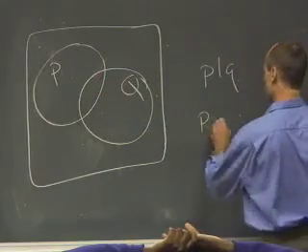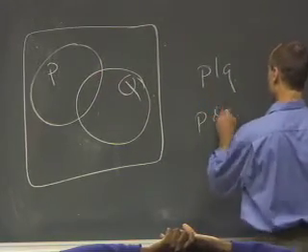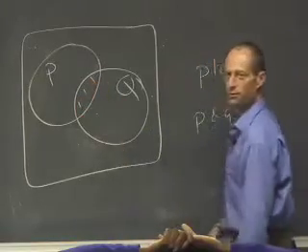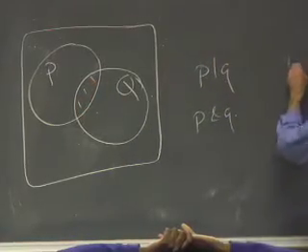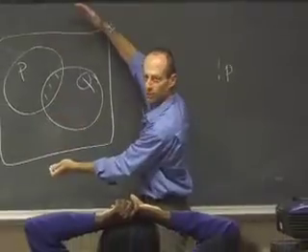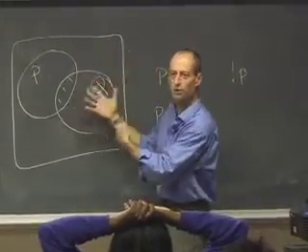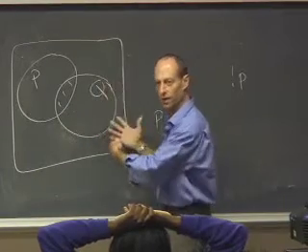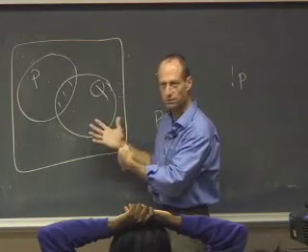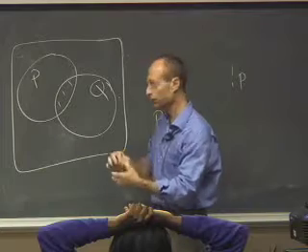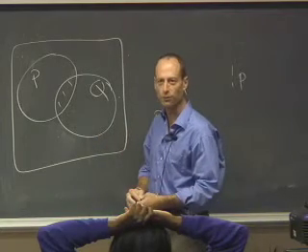P and Q is represented by the intersection. Not P is represented by the complement of P. So there's a really close connection between set theory and propositional logic. And ultimately, all this stuff is going to be useful for probability.